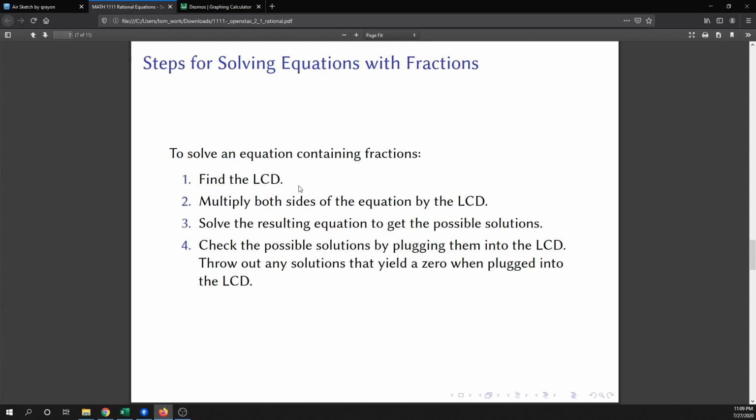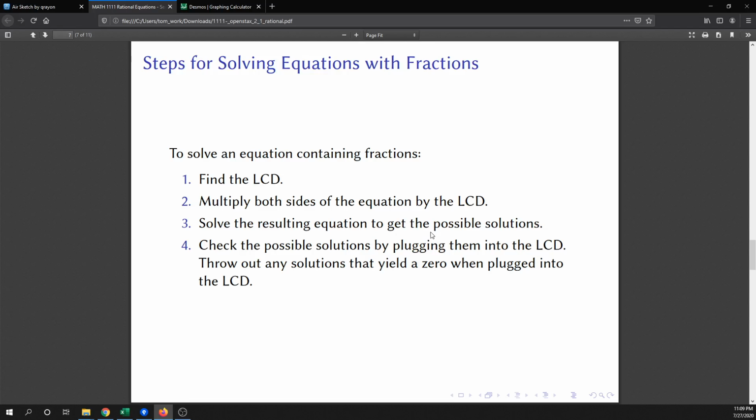First, find the LCD. Next, multiply both sides of the equation by the LCD, and that is going to clear out the fractions. Then solve the equation that you get after you have eliminated the fractions.